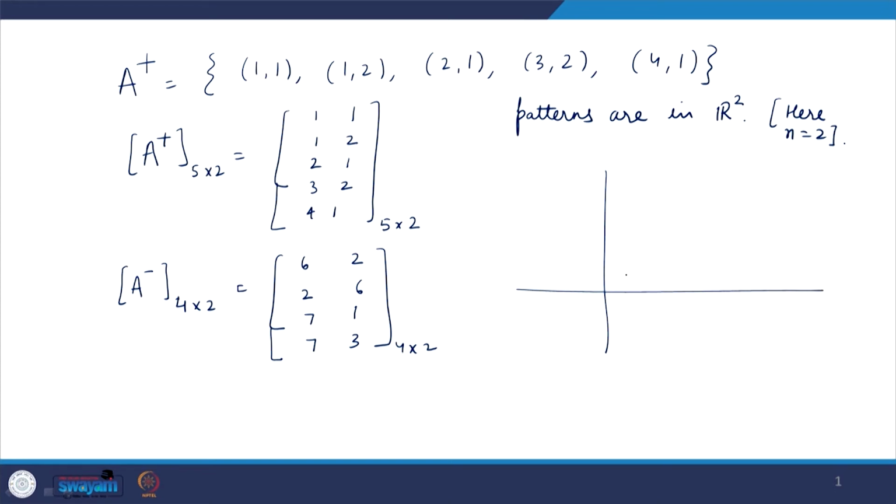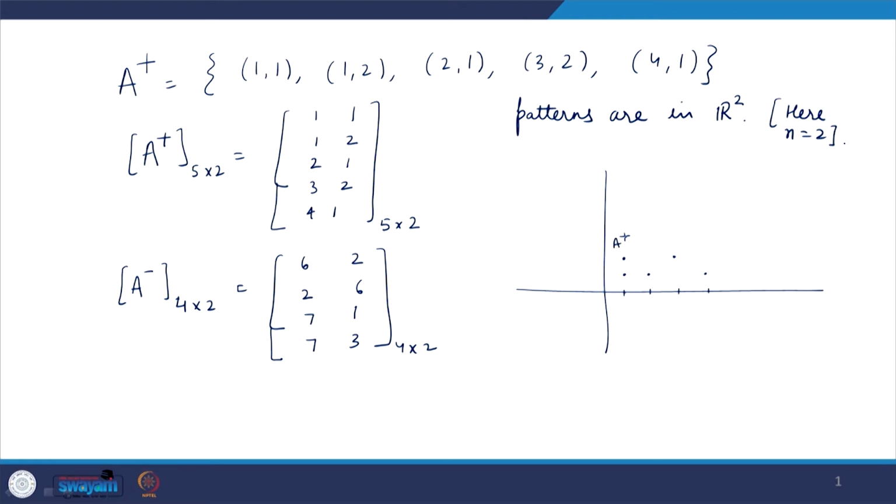Now, if you try to plot these points: 1 1, 1 2, 2 1, 3 2, then 4 1. Okay. So, these are plus 1 label, A plus.